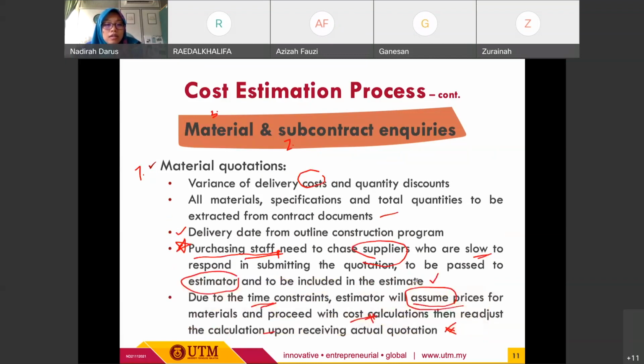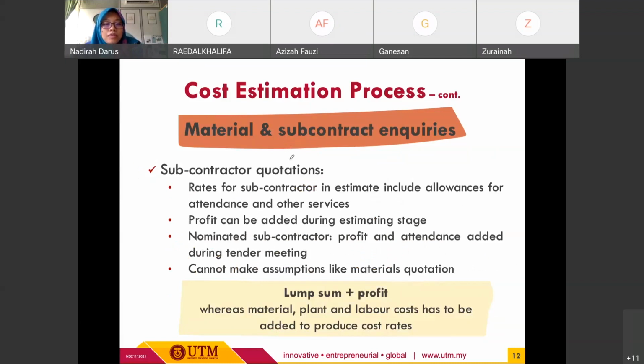And then the next one we have the subcontractor quotation. Basically, for the subcontractor quotation, the rates of the subcontractor in the estimation will include allowance for attendance and other services. Later on, I will share what kind of allowance refers to these two. During this stage, profit can be added during the estimating stage, meaning that profit allowance can be included in the estimating price.